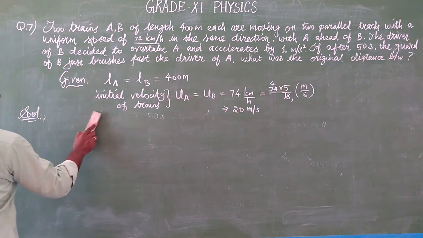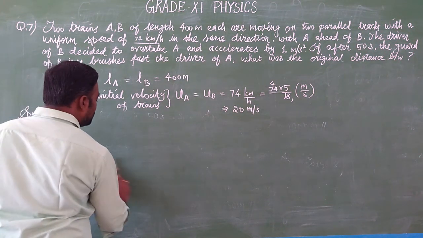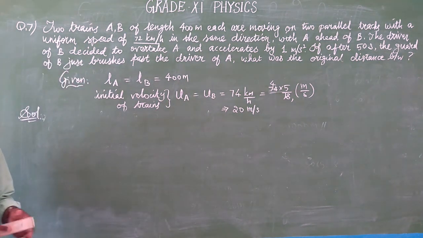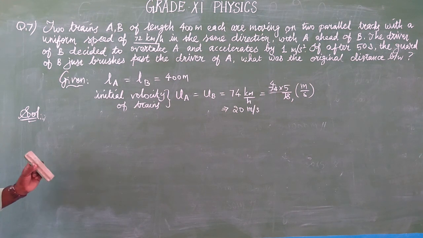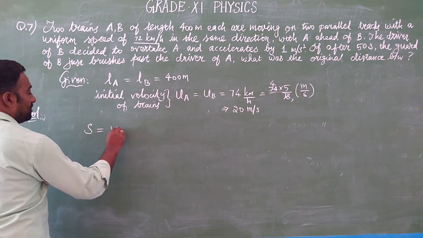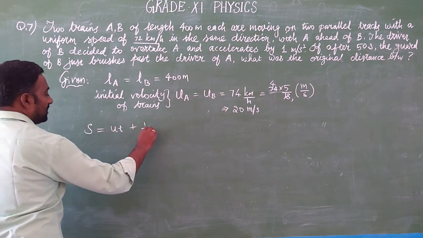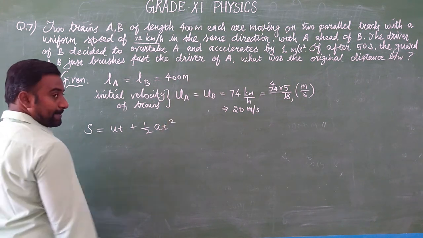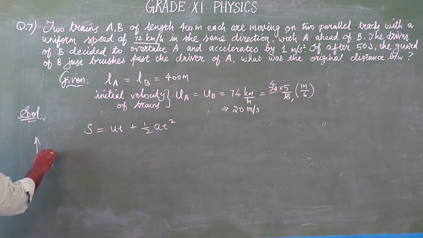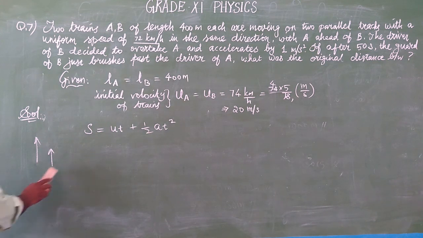So the original distance between the two trains: we assume the initial velocity is 0, because already the two trains are moving with the same speed, so that will be the final velocity. So the original distance is equal to ut plus half at square.